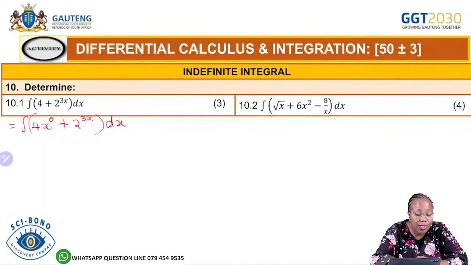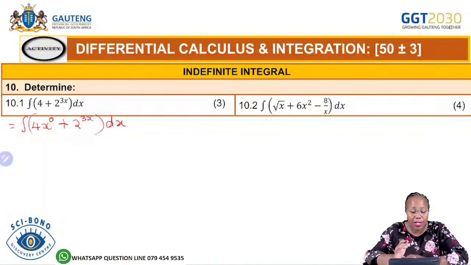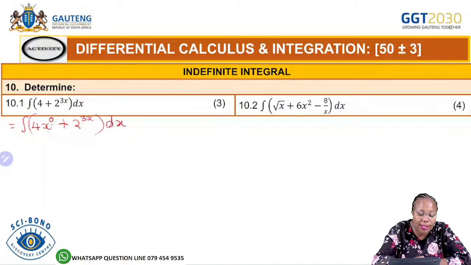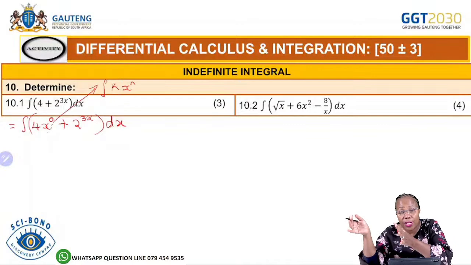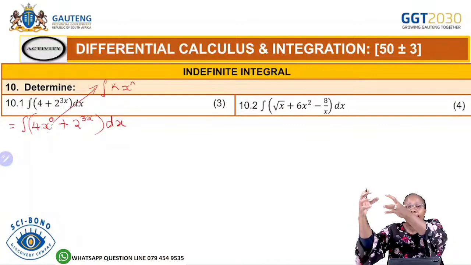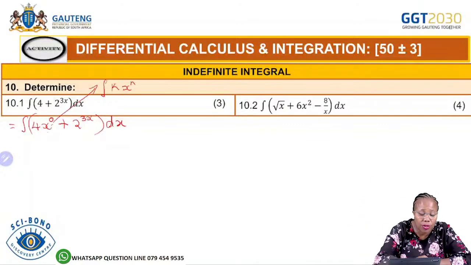Then you relate this to the information on your formula sheet. So this one has a relationship with the integral of ax to the power n. So you go to the formula sheet and look at the relationship and take that answer. It will assist you a lot, grade 12, to be able to derive this.